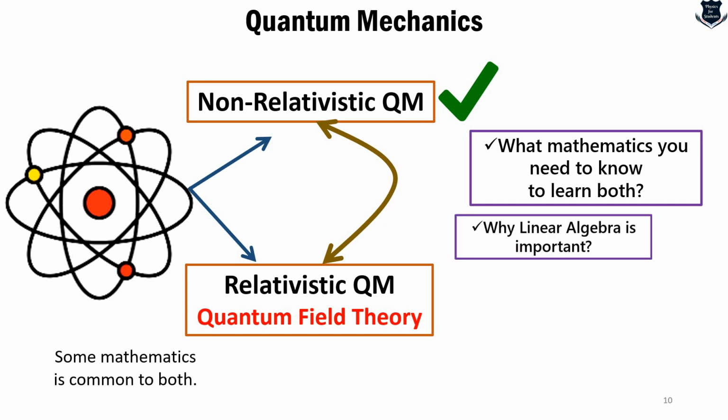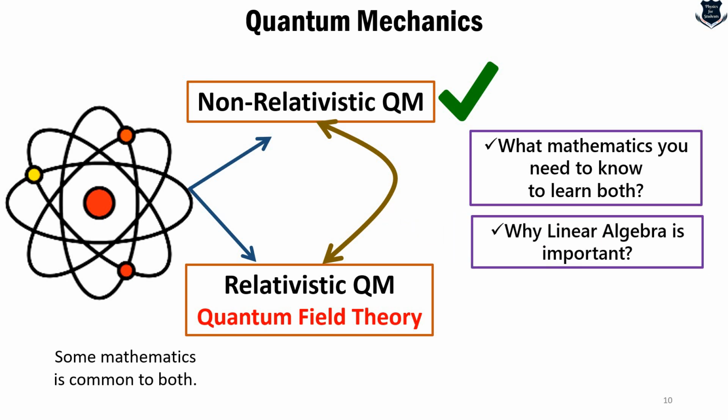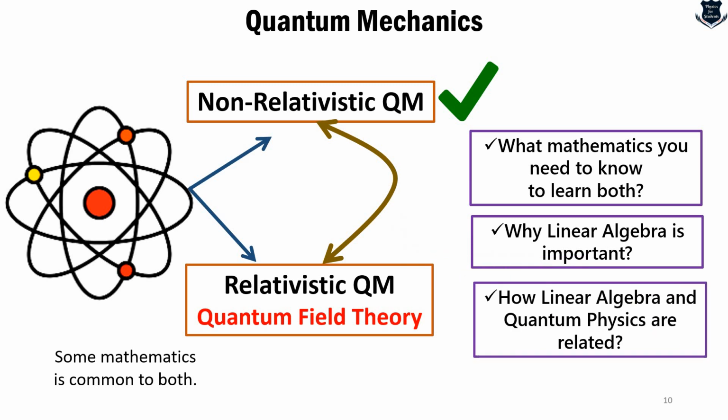That is a very pertinent question we are going to answer. Why is linear algebra important? Yes, we are going to look into that. And how linear algebra and quantum physics are related to each other is also something that we need to know. So this would give a push to today's video, where we are going to know the deep underlying mathematical and philosophical structure of linear algebra and quantum physics.